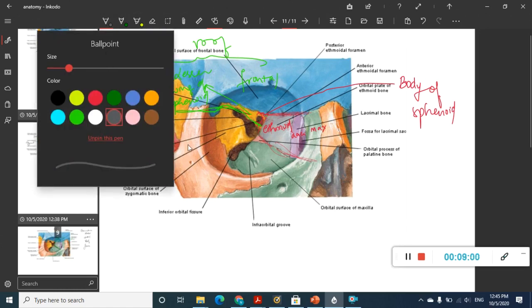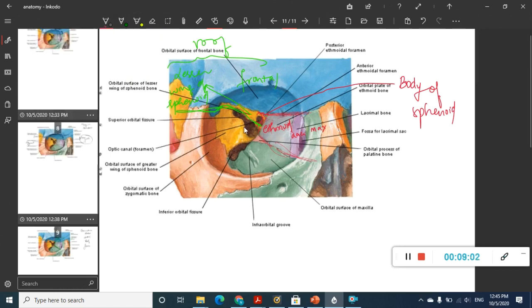Now once you have learned about the roof of the orbit, now the lateral wall. The lateral wall mainly contains two main bones, only two. This gets divided something like this. So if you see in this, you have this bone. What is this bone called?